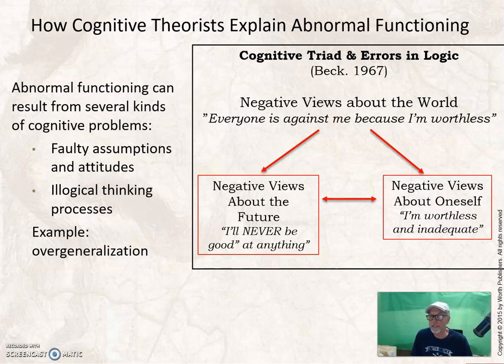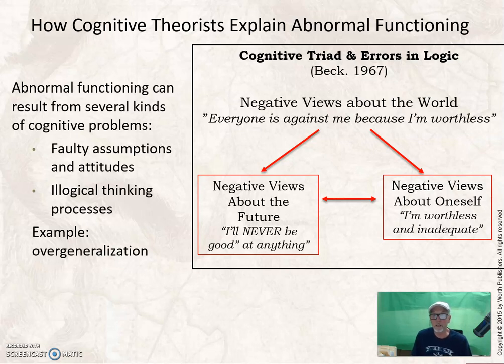And that leads to negative views about oneself. I'm worthless and inadequate, which leads to negative views about the future. I'll never be good at anything. And so cognitive therapists would say that's an illogical error in logic, and there's faulty assumptions. Let's find out where they came from and then change them.